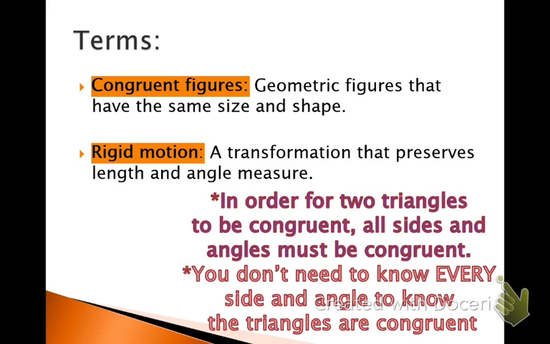You don't actually need to know every side and every angle to know two triangles are congruent. That's why these theorems are here. You're going to learn specific theorems that will prove it.